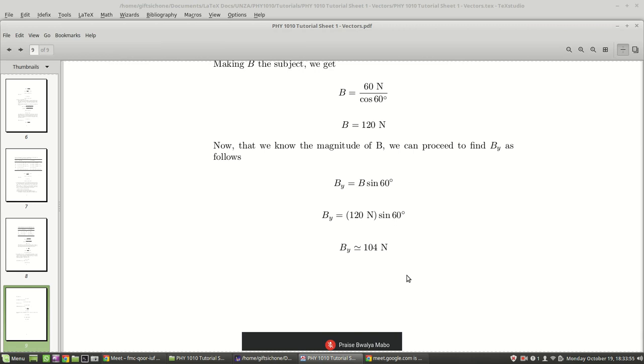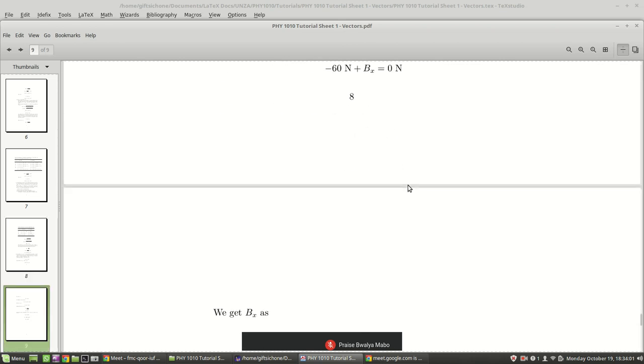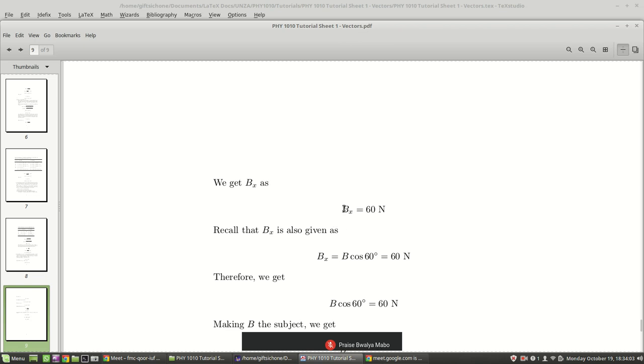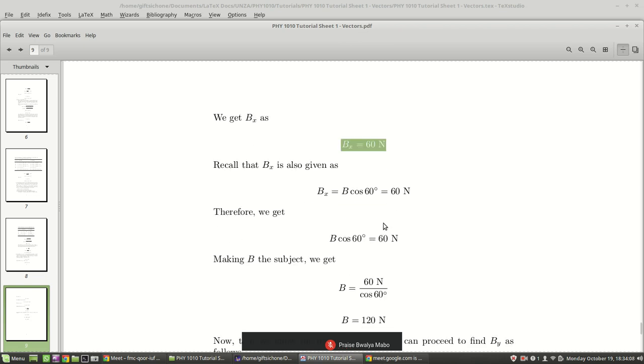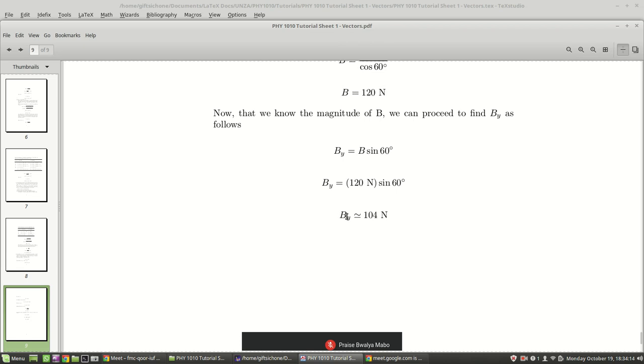Okay. So we have found a couple of things. We have found BX to be 60 newtons. We found the magnitude of B to be 120 newtons. Then we proceeded to find BY, which is equal to 104.